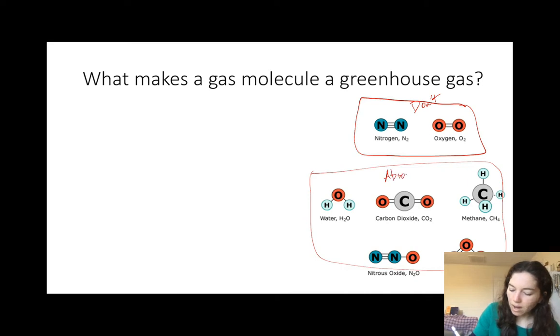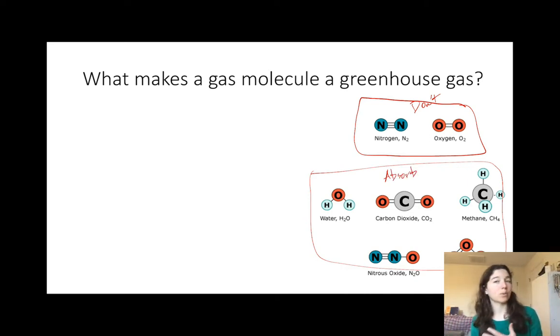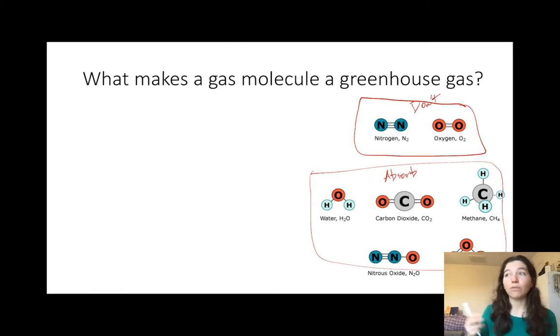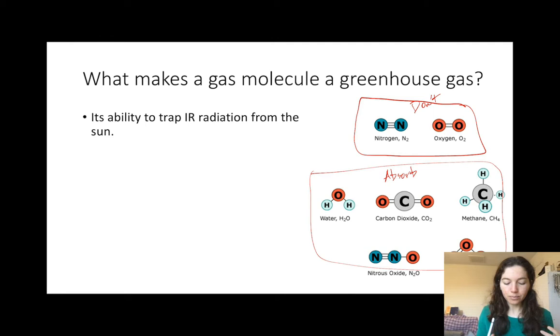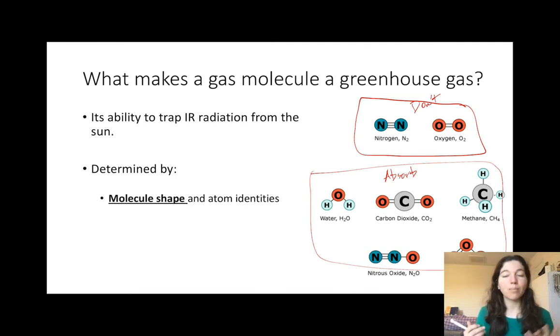So what causes some molecules to absorb IR radiation and other ones to not? We had discussed that it has to do with the frequency at which these molecules vibrate. That is true. Another thing that determines the frequency that they vibrate at is the molecule shape. So is it a line?